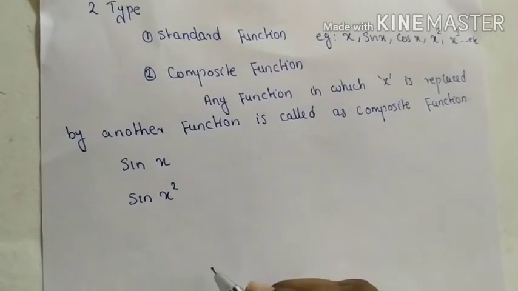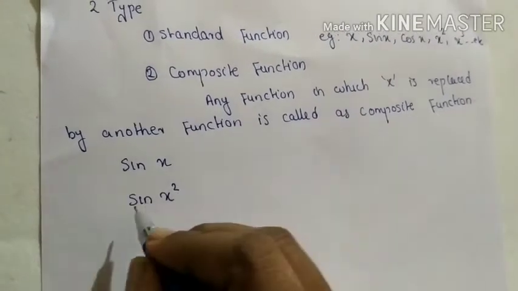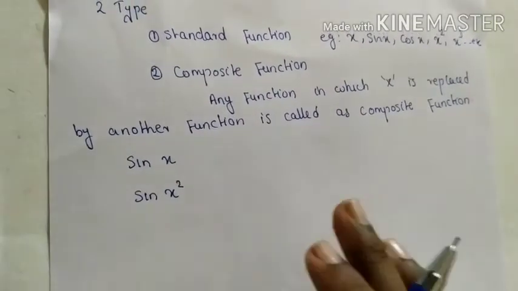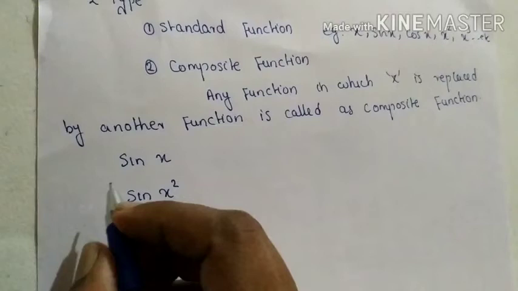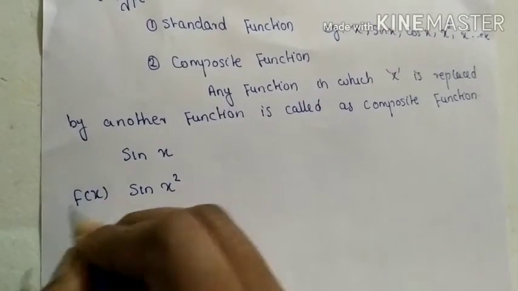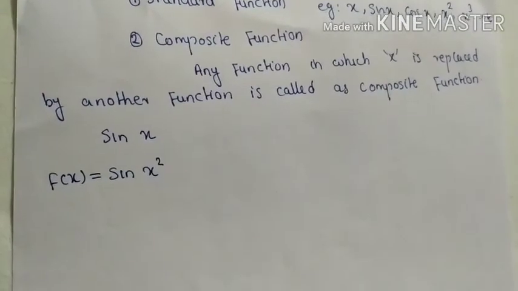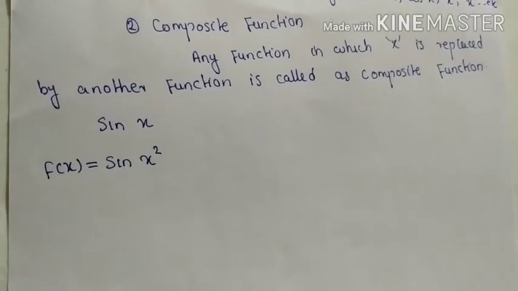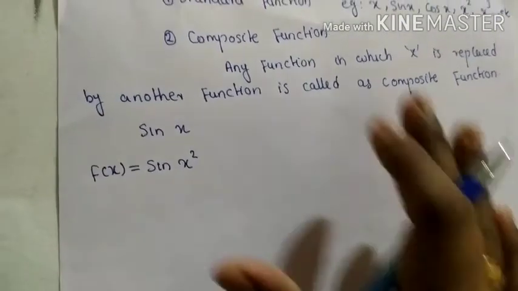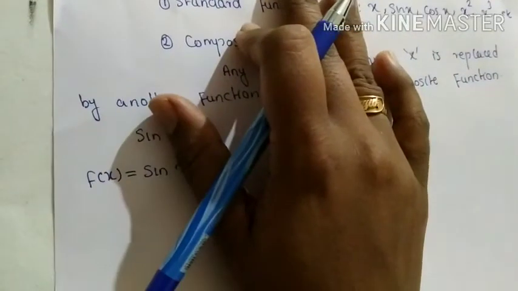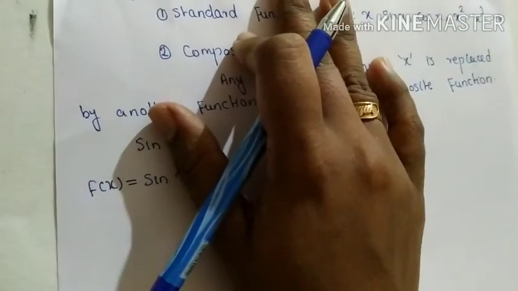Our function will become sin x square, a composite function. So f of x equal to sin x square. Next, I am going to explain how to find the derivative of a composite function.